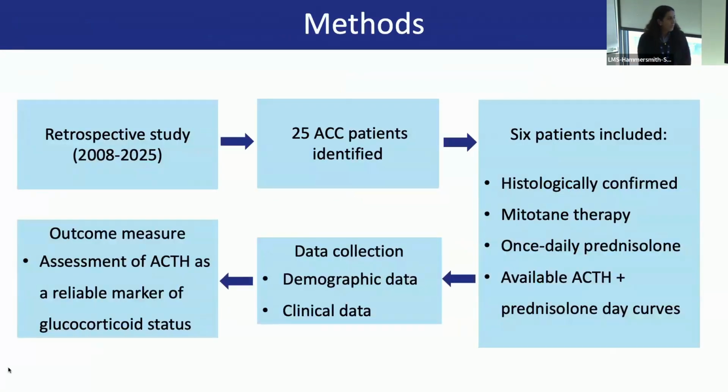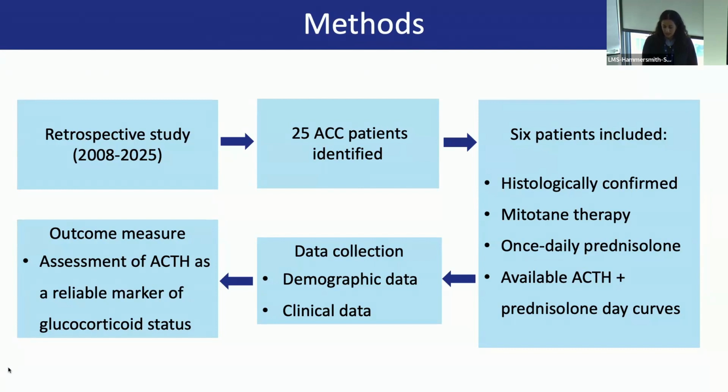So we sought to formally assess this method in a retrospective study of our ACC patients between 2008 and 2025. We identified 25 patients, of whom 6 matched our inclusion criteria of histologically confirmed ACC, who were on mitotane therapy and once daily prednisolone with available ACTH and prednisolone day curves.